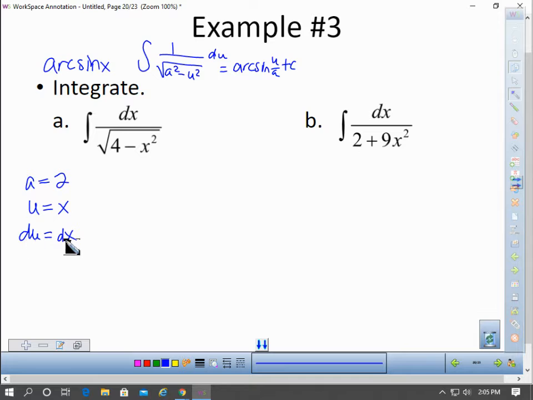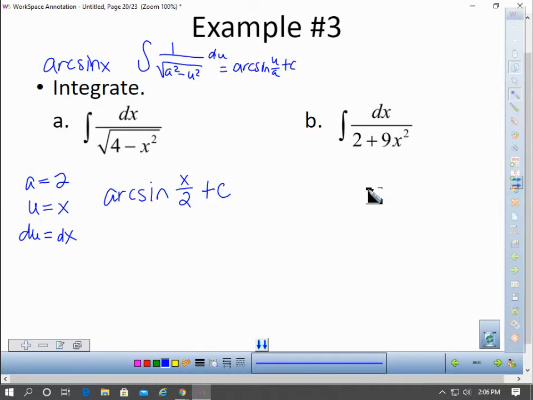And so when du equals dx, it is a straightforward, flat out rule. It is straight up this rule. So my answer is going to be the arcsine of the u over the a. So my u is my x, my a is 2, and then plus c. So whenever you see that the du equals the dx, it is a straight up simple rule.